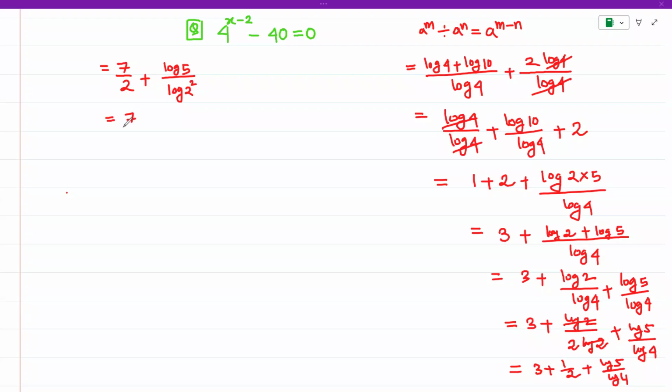That means 7 by 2 plus 1 by 2 log 5 over log 2.